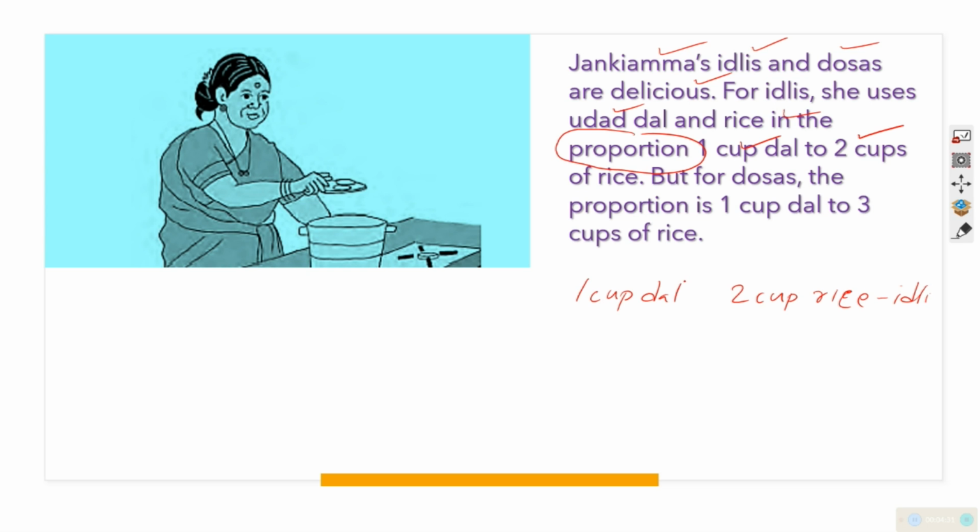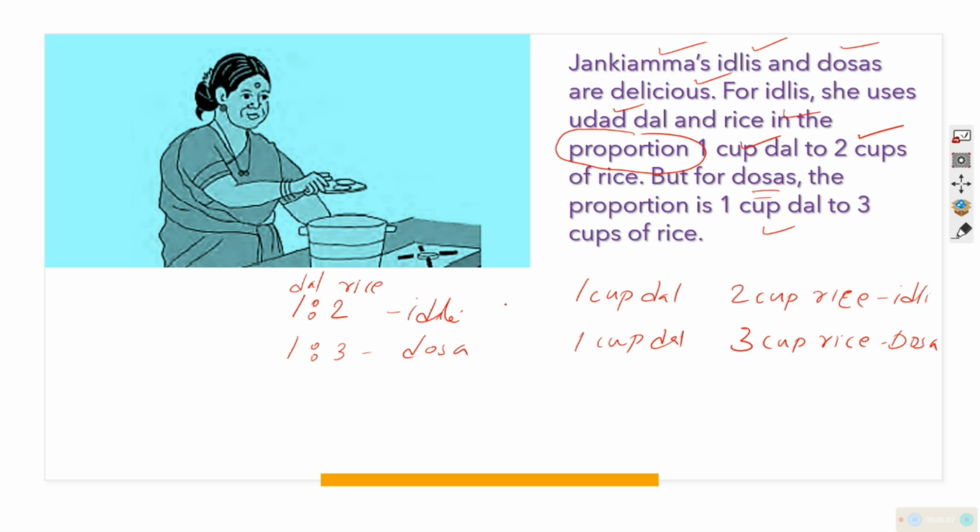But for doshas, she uses 1 cup dal and 3 cup rice. So now we got an idea: the ratio is 1:2, dal and rice for idli, and 1:3 for dosha.